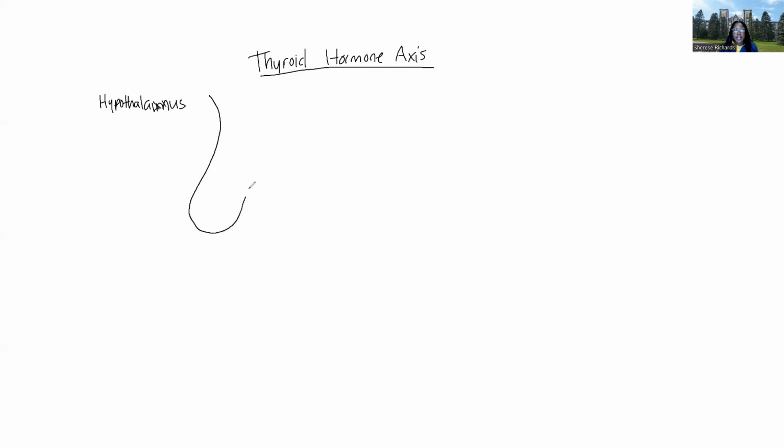Remember, the hypothalamus, by way of the infundibulum, connects down to the pituitary as well. So up here is where we have the hypothalamus. And then down here is where we have the two parts of the pituitary. Here's the anterior pituitary. And then the smaller posterior pituitary.